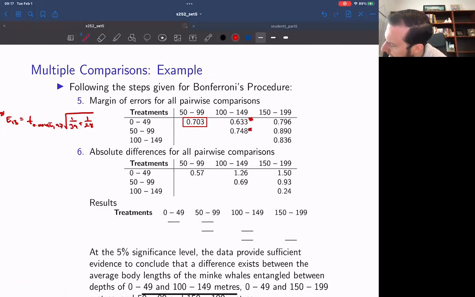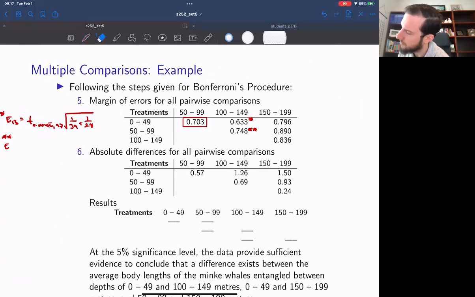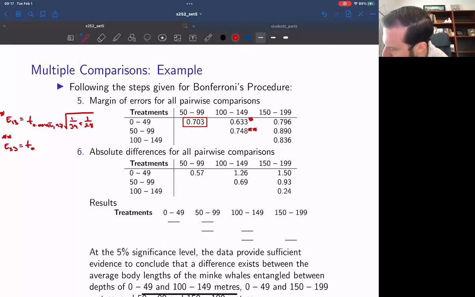This would be the same idea here. So if we were to compare E23, this would be a t-value 0.00416, 97.